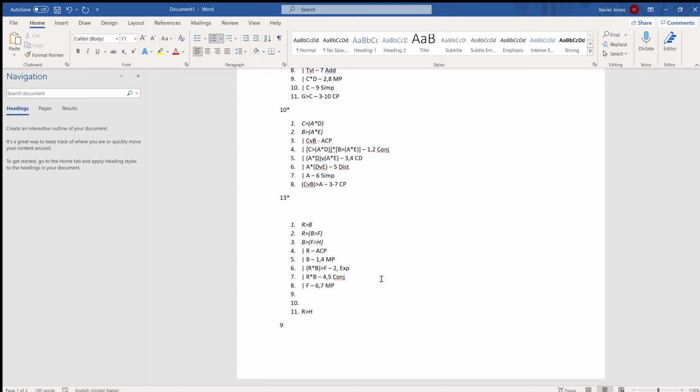Because we have if R and B, then F, and R and B, therefore F. So then we got to do conversion of if B and F, then H, which is going to be line 3, exportation.